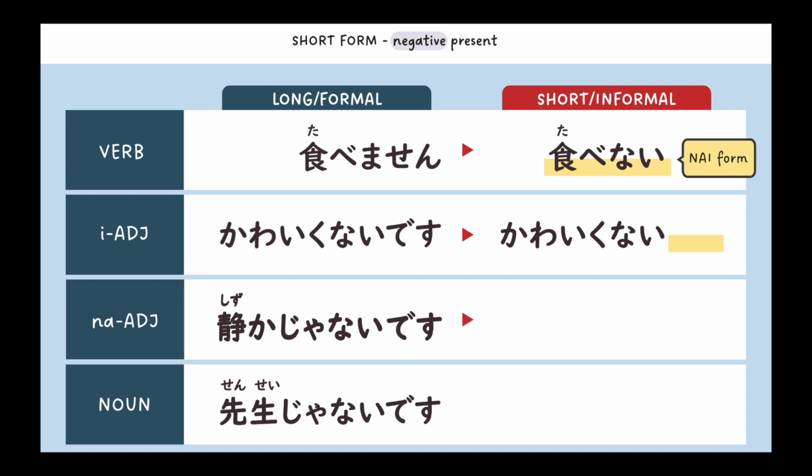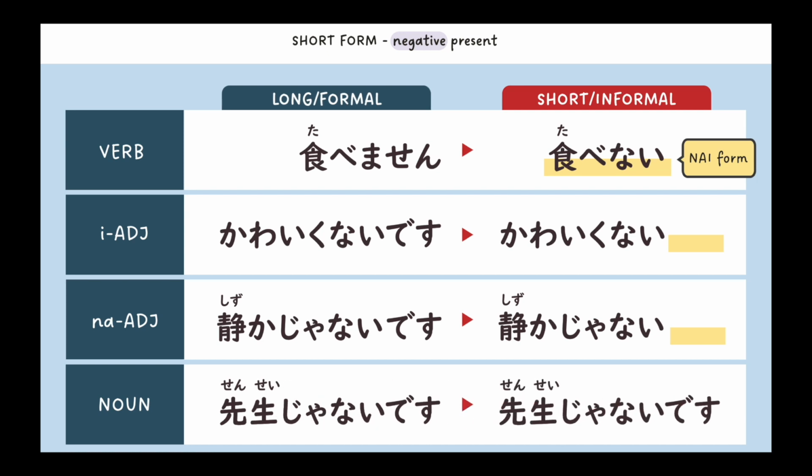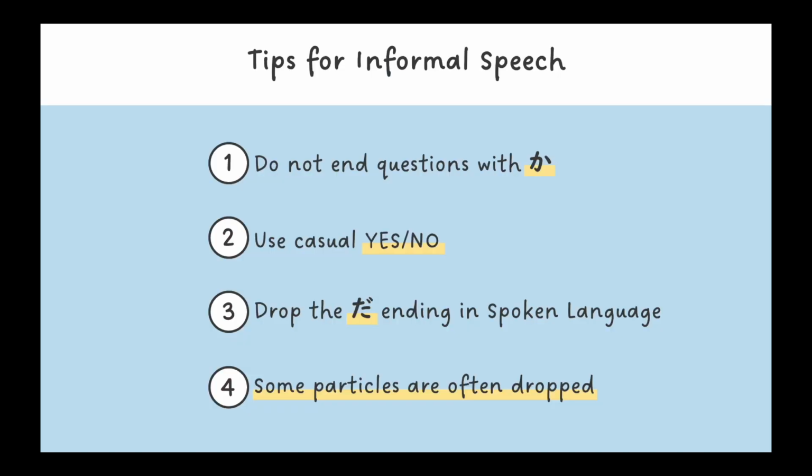For na-adjectives, we simply remove です at the end. So the short form of 静かじゃないです is 静かじゃない. And also for nouns, we simply remove the です at the end to get the short form. So the short form of 先生じゃないです is 先生じゃない.